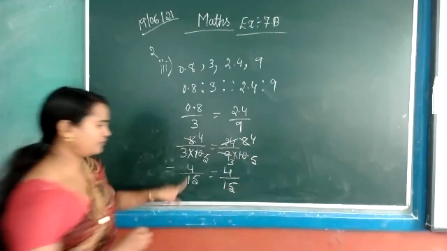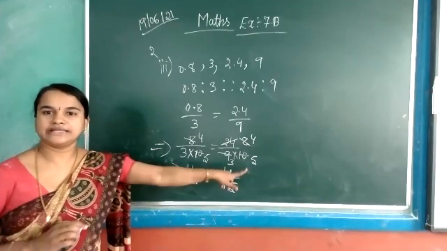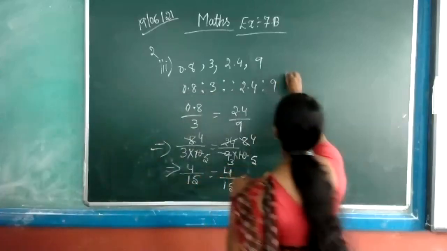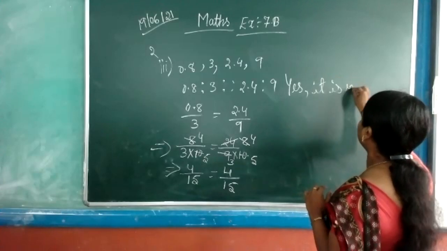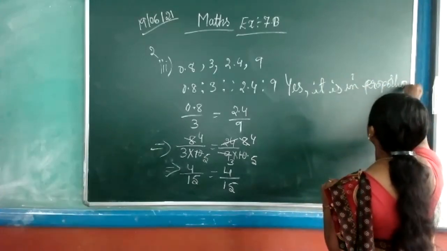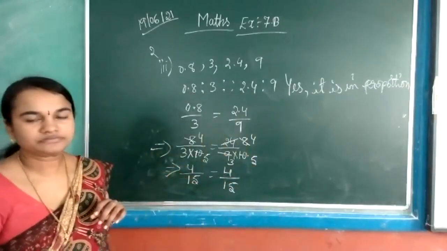Now you see 4 upon 15, 4 upon 15. That means it is in proportion. Clear? Right.